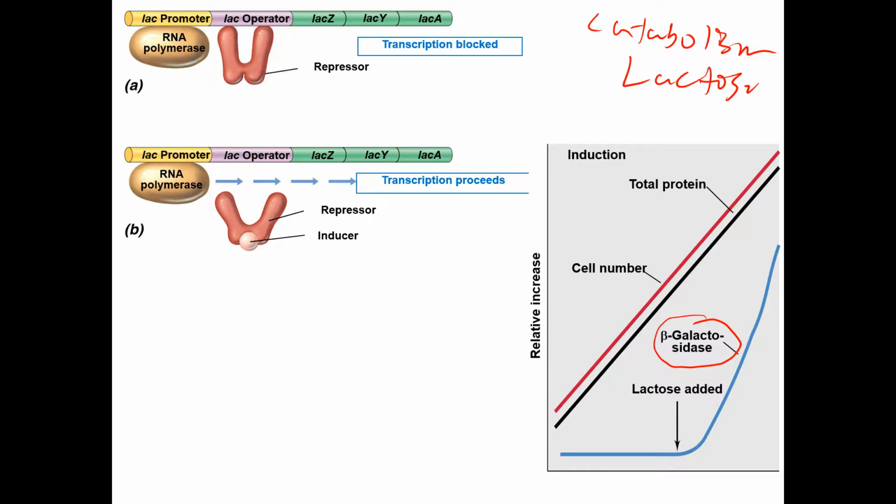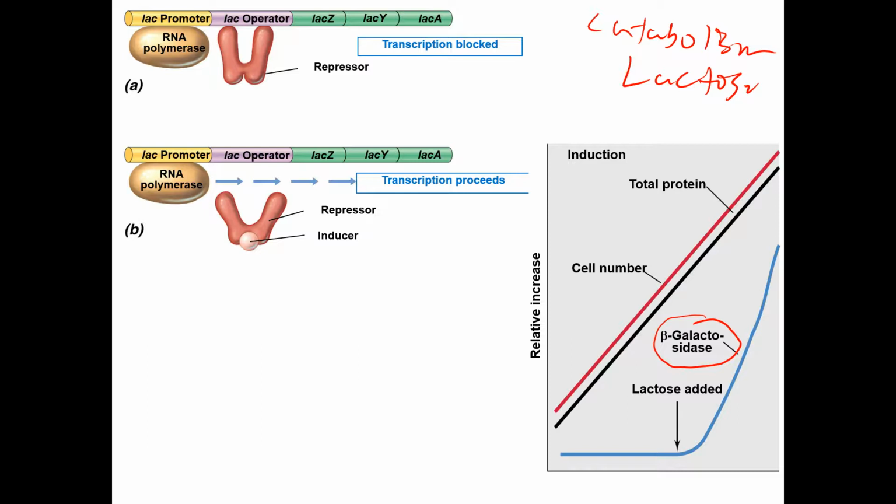So what happens when lactose is present? The lactose will actually bind to the repressor molecule, and once bound, the repressor's shape is altered. It's no longer able to bind to the operator, so the operator is completely open.